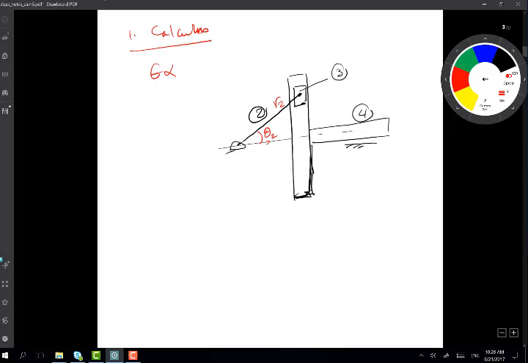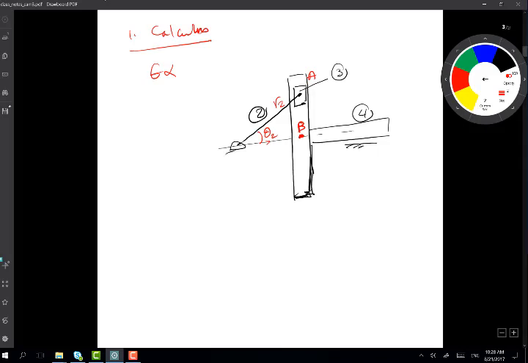So it's easy to find simple expressions here. For example, the position of any point here, this point is fixed to this slider. If this is A, I can call this point B. So that's fixed here.